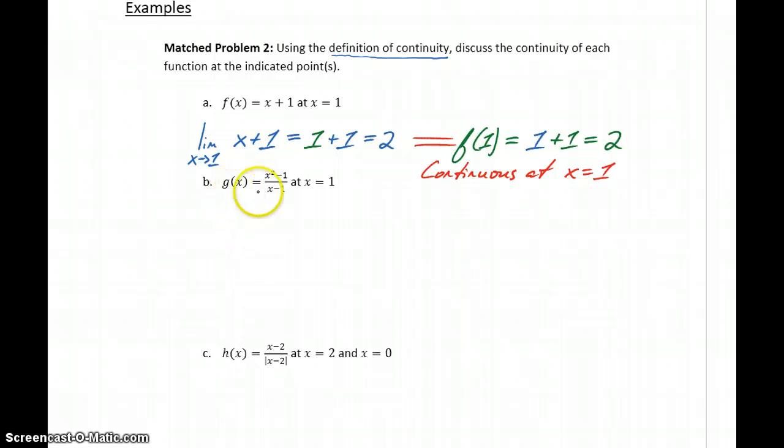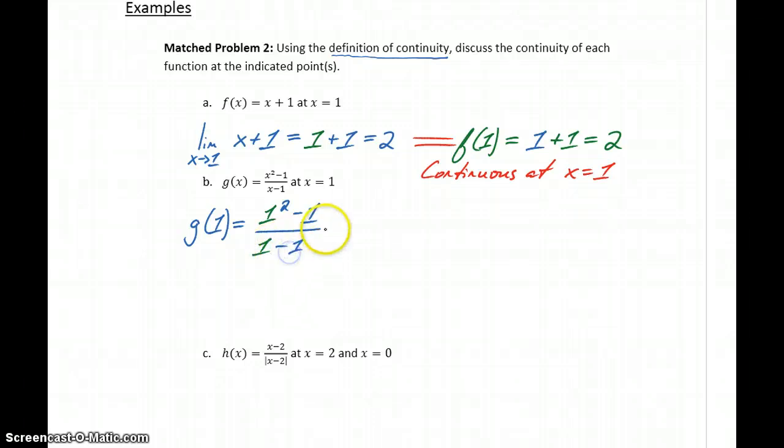Now in part B, we want to consider the limit of a rational function, x squared minus 1 over x minus 1, at x equals 1. If any of those three conditions that we used in part A fail to be met, we know our function is discontinuous. In this case, we could start by considering our function value at 1. That would give us 1 squared minus 1 over 1 minus 1, which is going to end up being 0 over 0, that indeterminate form.